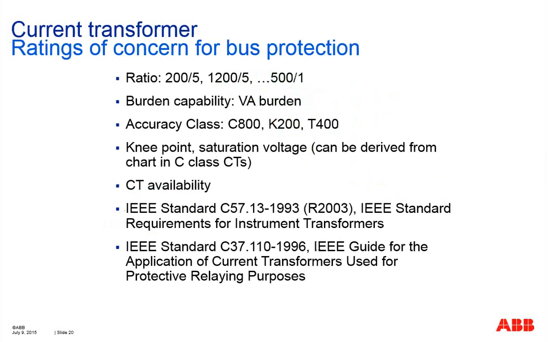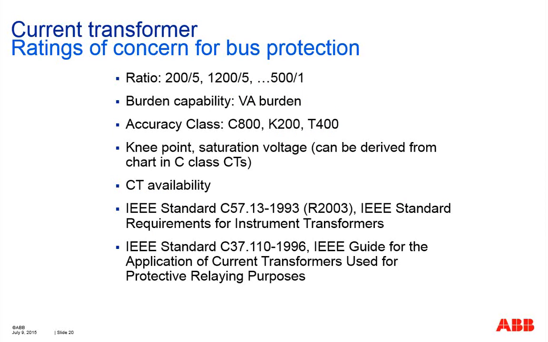So, concerns for bus protection about current transformers: as I explained a little earlier, the CT on the bus bar is really prone to saturate during an external fault. Here is some common knowledge on CTs. I'm not going to drill too much into this; it is just to get all of us on the same page on CT characteristics.